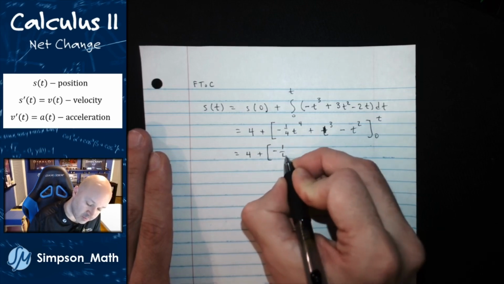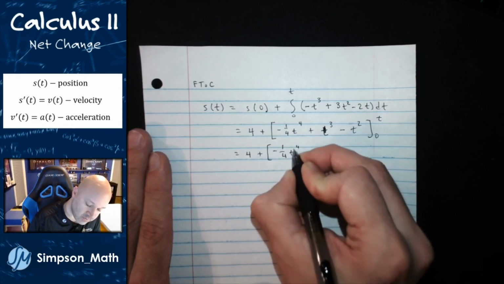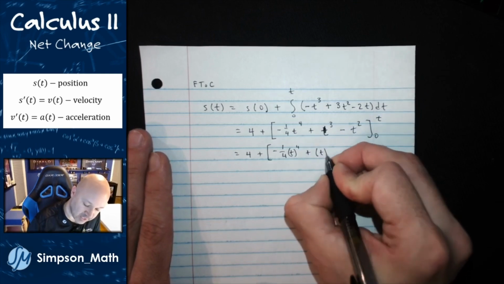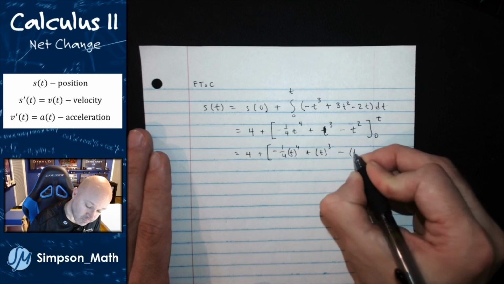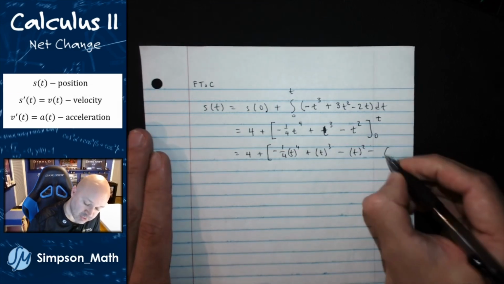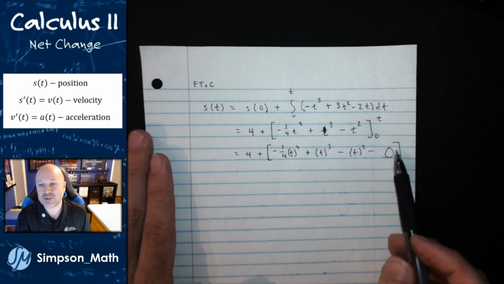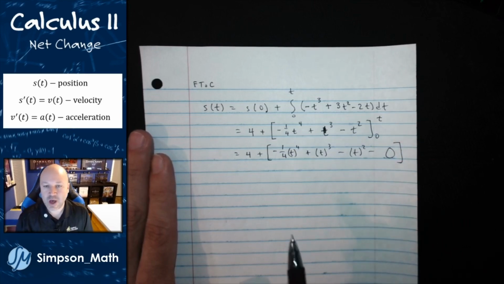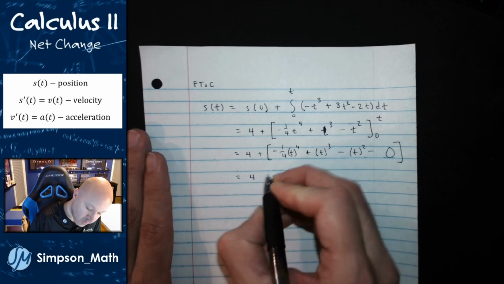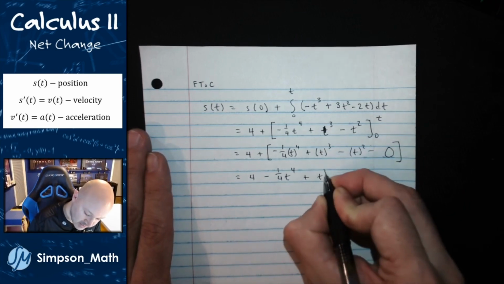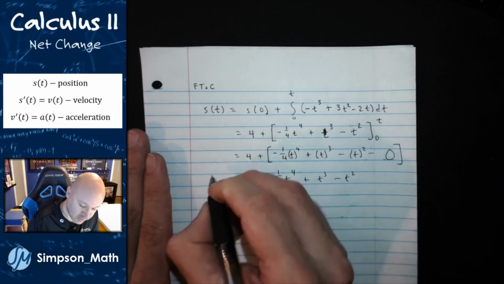Well, again, this is a polynomial, so all of those zeros are going to be very nice for this particular problem. I'm just going to put a big fat 0 there. All of these plugging in a 0, I'm just subtracting 0. So I am done. I get 4 minus 1/4 t to the 4th plus t cubed minus t squared.